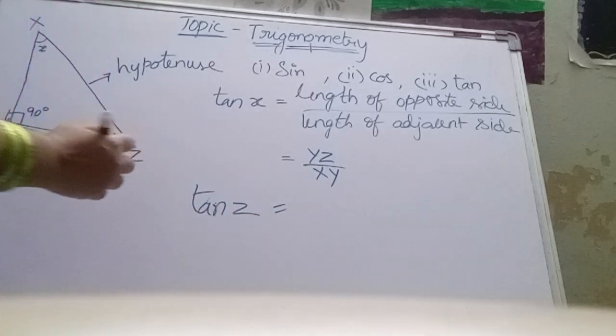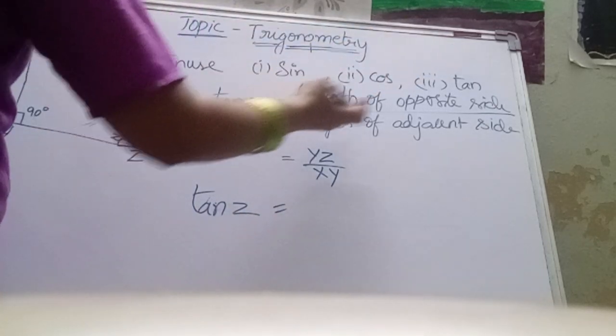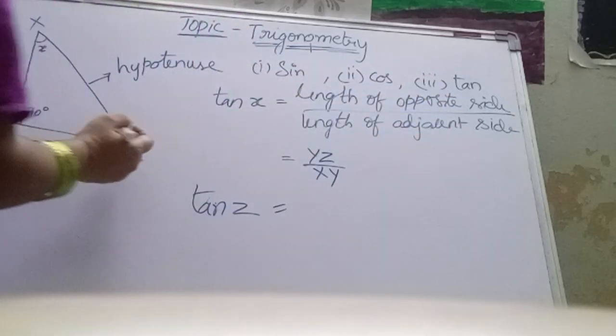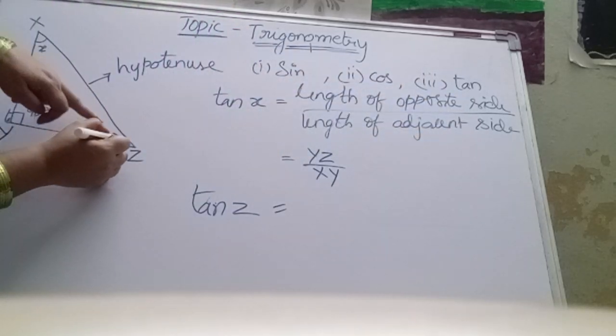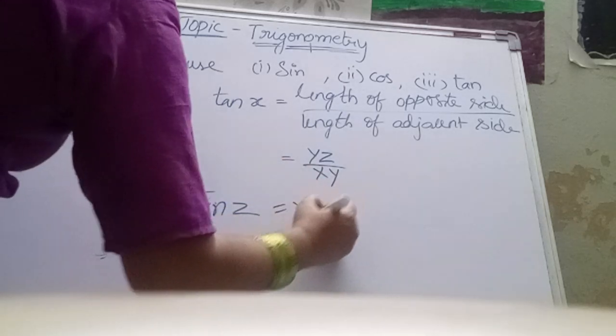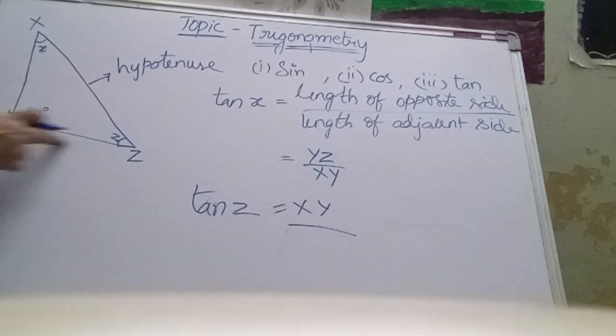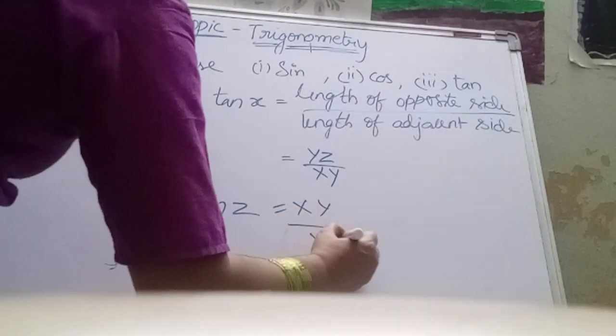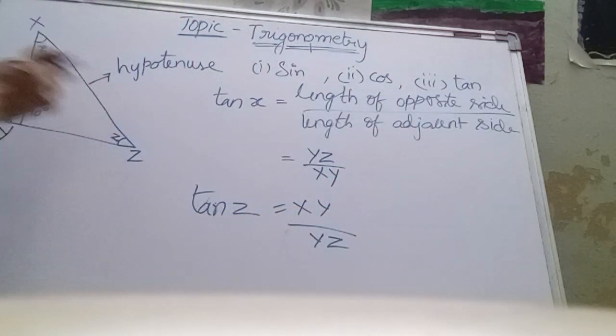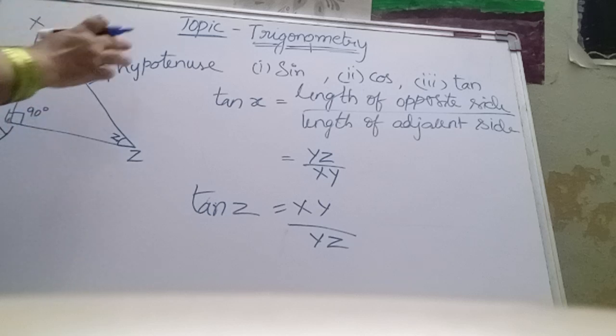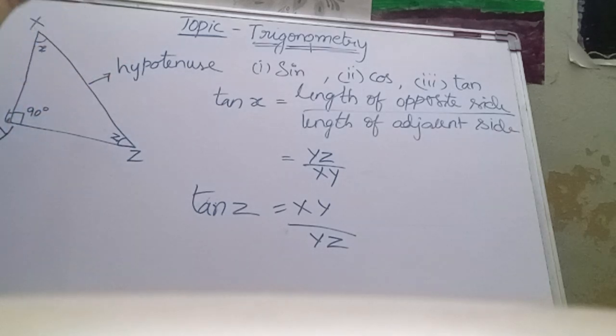Okay, let us see tan z. Tan z is again the length of the opposite side by the length of the adjacent side. For z, what is the opposite side? Xy, by the adjacent side, Yz. Okay, in this way, corresponding angles and corresponding sides, you must observe them properly and write the ratios.